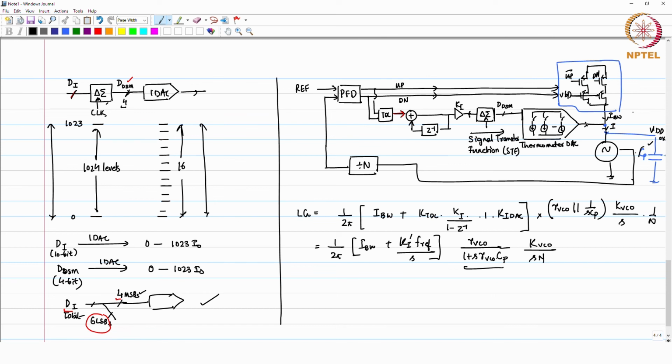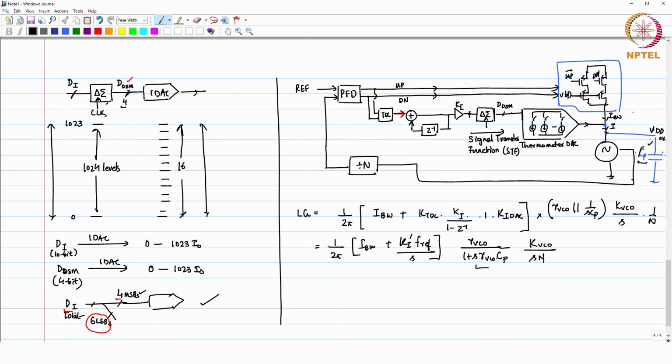Now, whether we want to go ahead with whatever the ripple bypass capacitor gives us, or if we want to change this particular pole position, we can go ahead and add extra capacitor also.